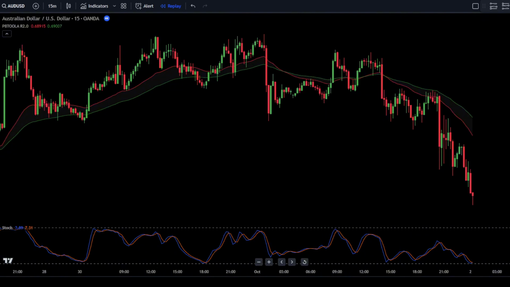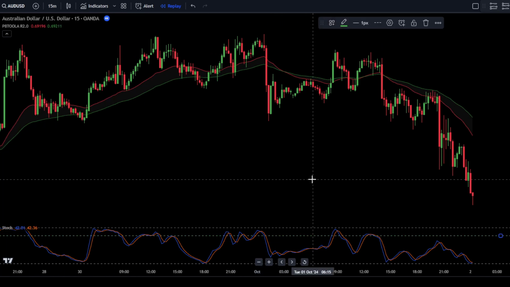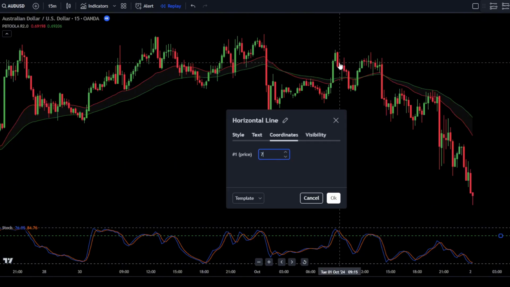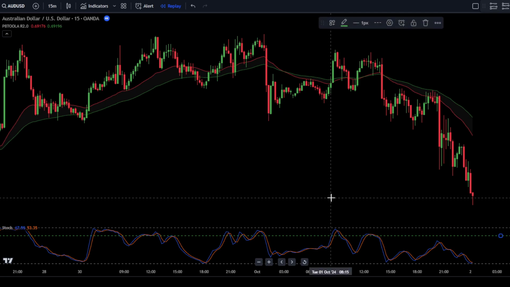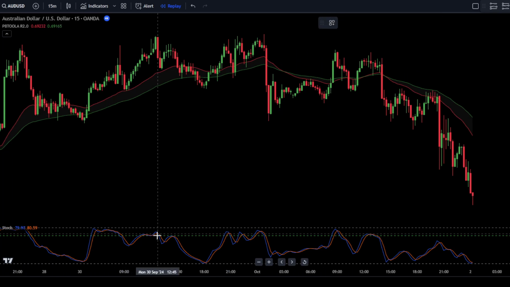Before it can be used, add 2 horizontal lines to the stochastic indicator. First, insert the first horizontal line. Set the level of the first horizontal line to 75. Then, insert the second horizontal line.